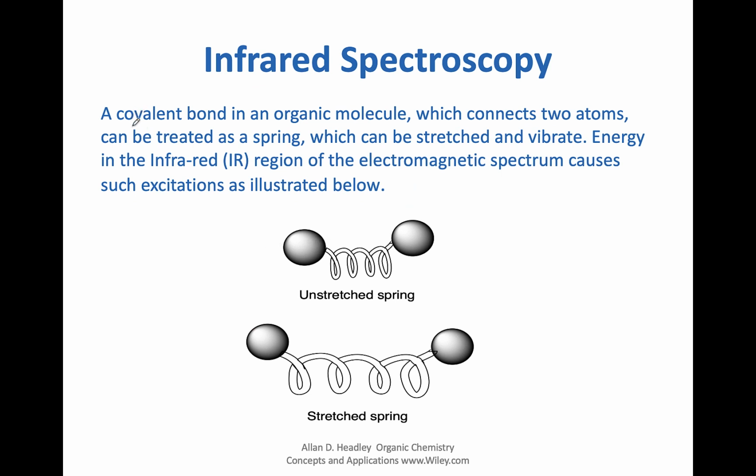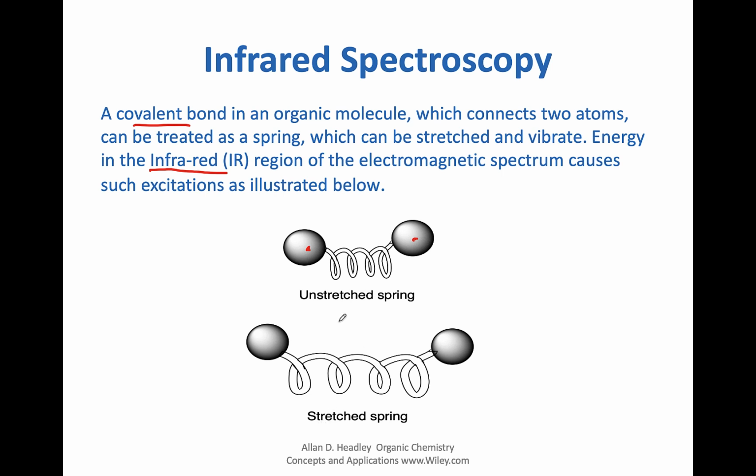So a covalent bond of an organic molecule is connected by two atoms, as shown here, 1 and 2. Here's a spring that's used to illustrate the bond. If energy in the infrared region of the electromagnetic spectrum interacts with this molecule, it stretches.